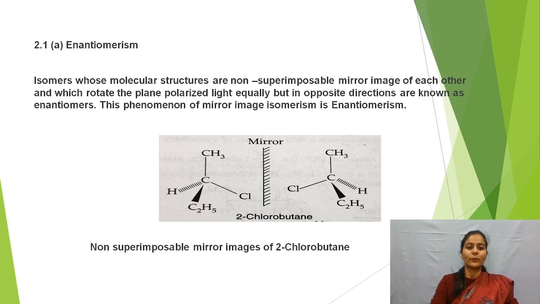So those compounds which are non-superimposable mirror images of each other, and also rotate the plane polarized light in the opposite direction, come under the category of enantiomers, and the whole phenomenon is known as enantiomerism.